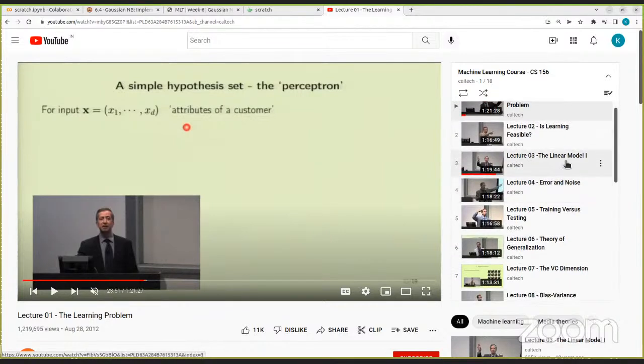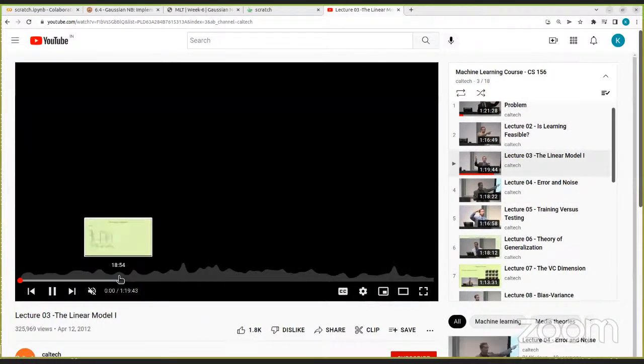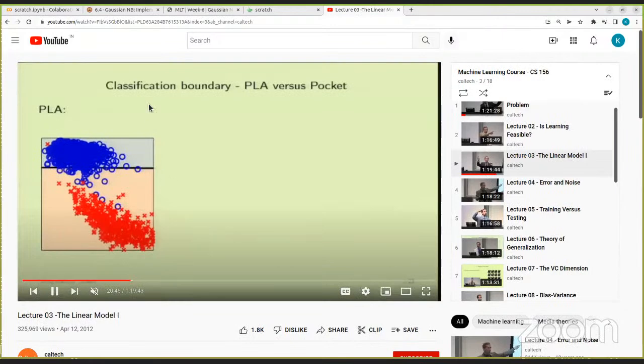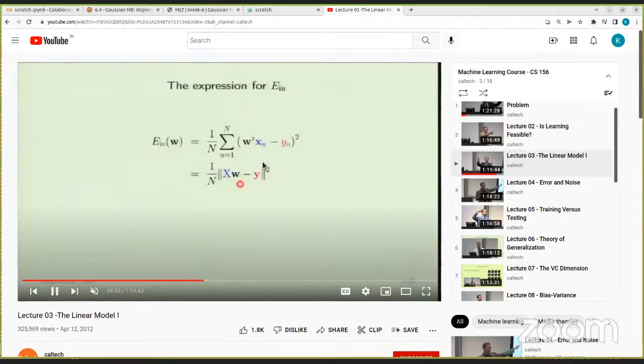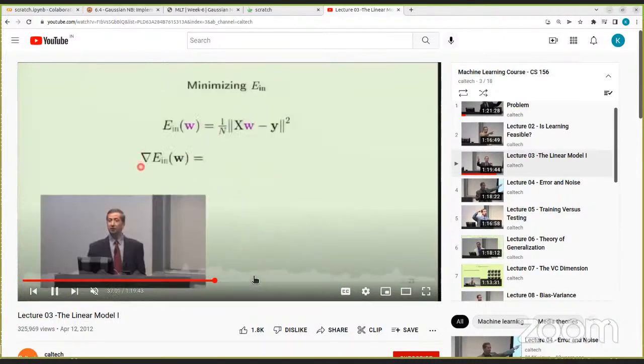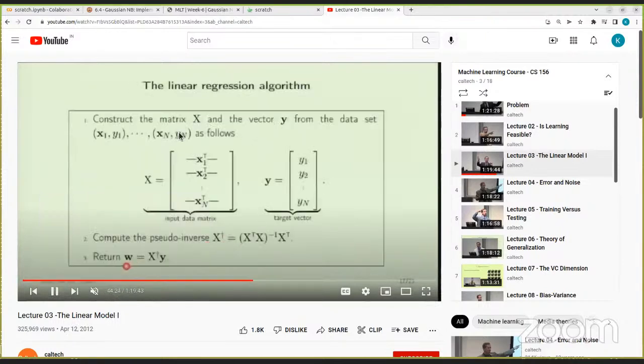For the linear model, I think he does regression, basic linear regression, how it works. His notation will be very close to what we are using in the course, W transpose X, all that. Book per se, I'm not very sure, but this is good enough.